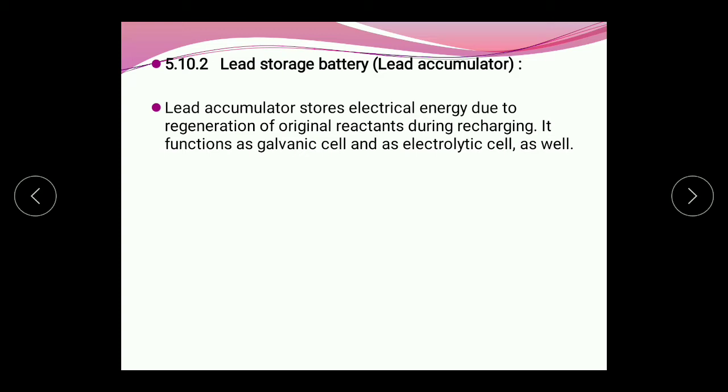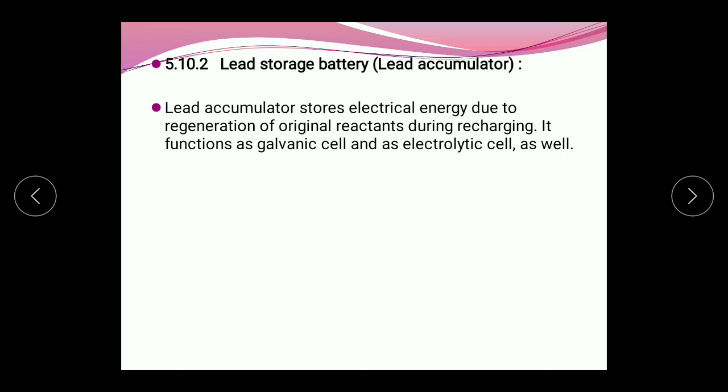And in a galvanic cell, a chemical reaction occurs which produces or generates electricity. Completely opposite to each other. But in secondary voltaic cells, that cell works as a galvanic cell as well as an electrolytic cell. How? We will study that.